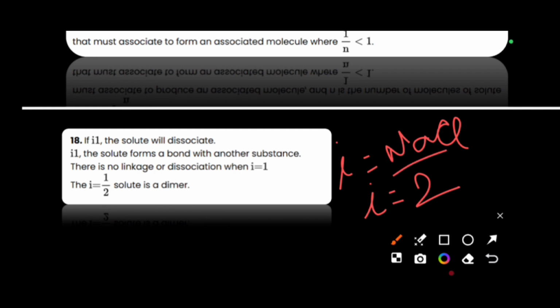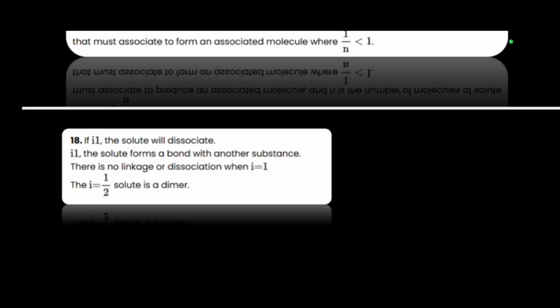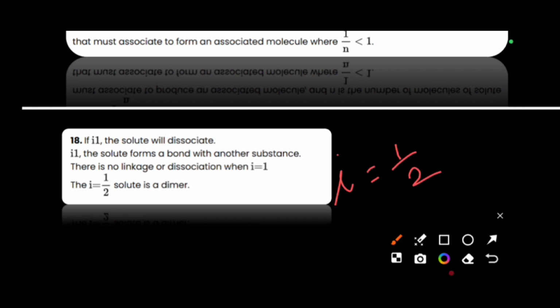How many ions are formed? 2. Then i will be equal to 2. If dimerization takes place, then i you can keep as 1 by 2. If trimerization takes place, meaning 3 molecules have attached together, then i will be equal to 1 by 3. In this way you can put the values and calculate the question.